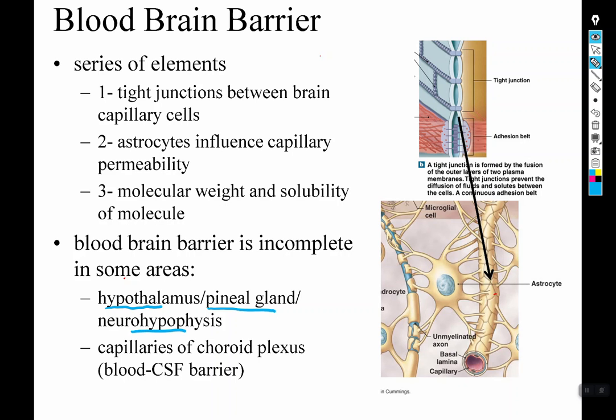So because the endocrine structures of our brain need access to our blood to do their jobs, there are some weakened areas of the blood-brain barrier in those spots so that they can do things like put melatonin or serotonin into our bloodstream so that those hormones can perform their functions. So even though it's really great to have a blood-brain barrier, it is necessary in some spots to have it be a little bit more relaxed than it would otherwise be.